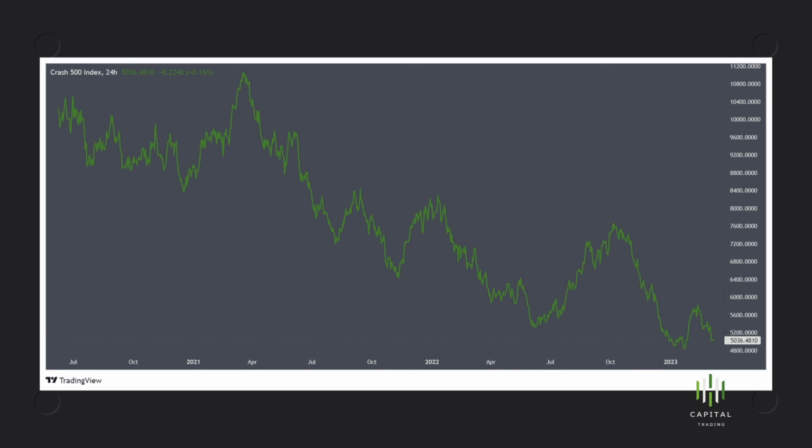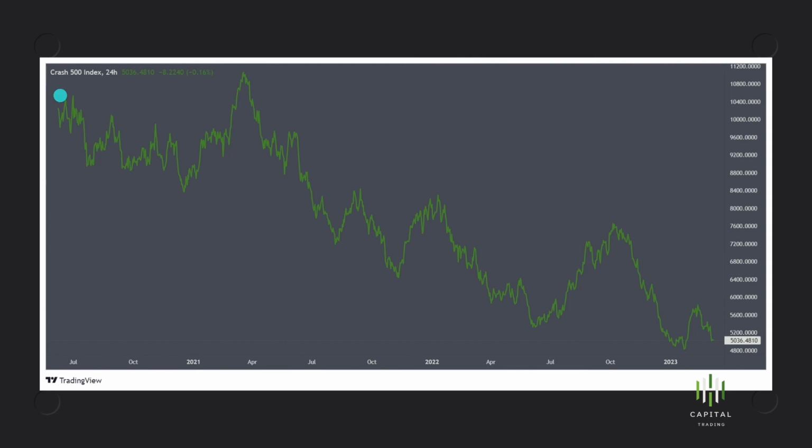So this is the Crash 500 chart. The inception of Crash 500, according to our research, was March 2020. So Crash 500 has been dropping, but it wasn't as clean as Boom 500.